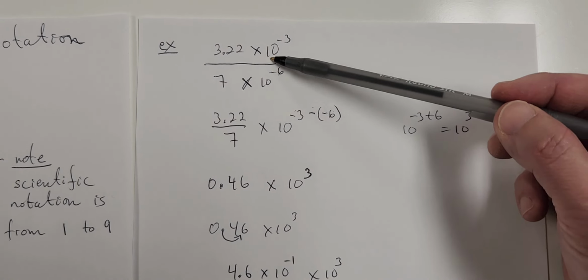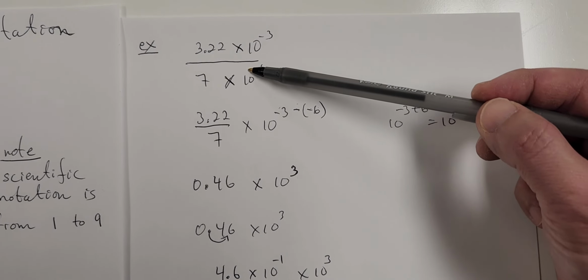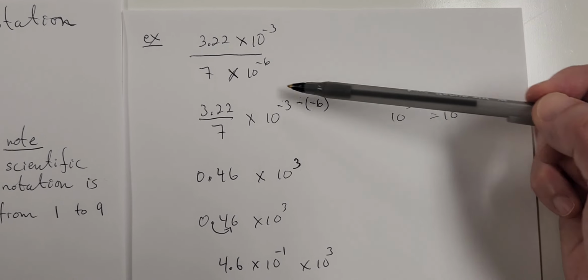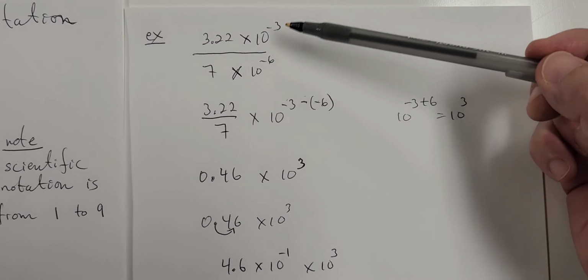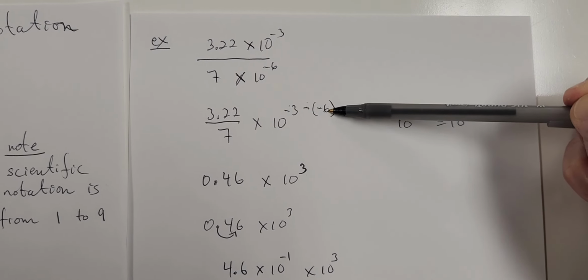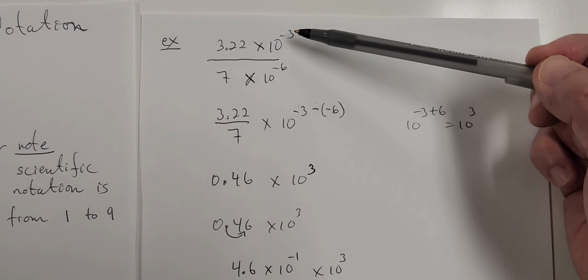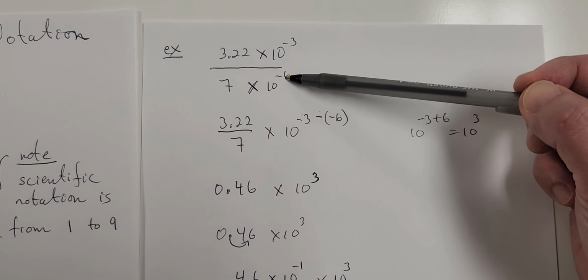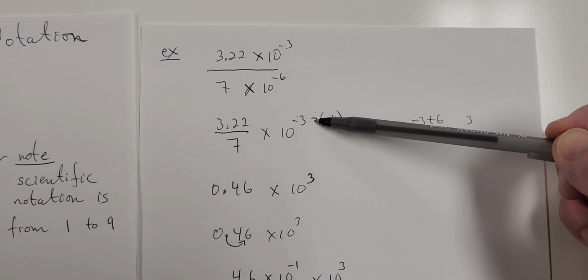And then in division, if you remember, for the exponent powers we subtract the powers. So -3 minus -6. This -3 belongs to the problem, and this -6 belongs to the problem. Where does this negative come from?